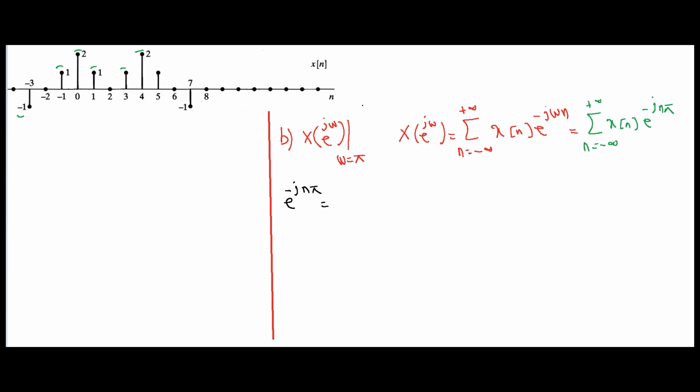We can write e to the power minus j pi n as cosine of minus pi n plus j sine of minus pi n. The sine term is 0 for all values of n. The cosine term is equal to 1 when n is even and minus 1 when n is odd.